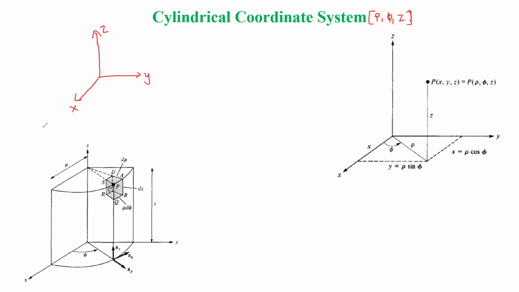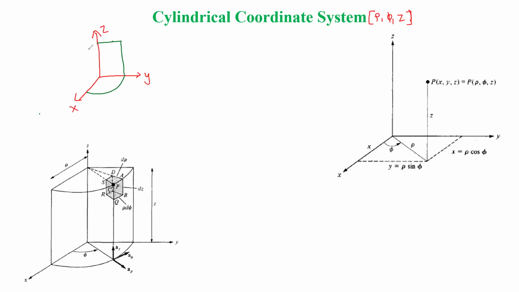Now to understand this cylindrical coordinate system, we are going to draw a cut section of it. Suppose we take this portion, and finally it comes here, and here you make one curve that will show the alpha value.